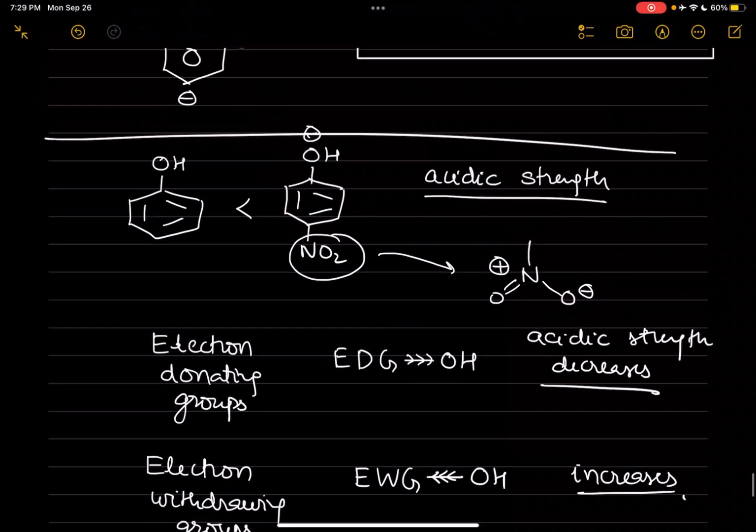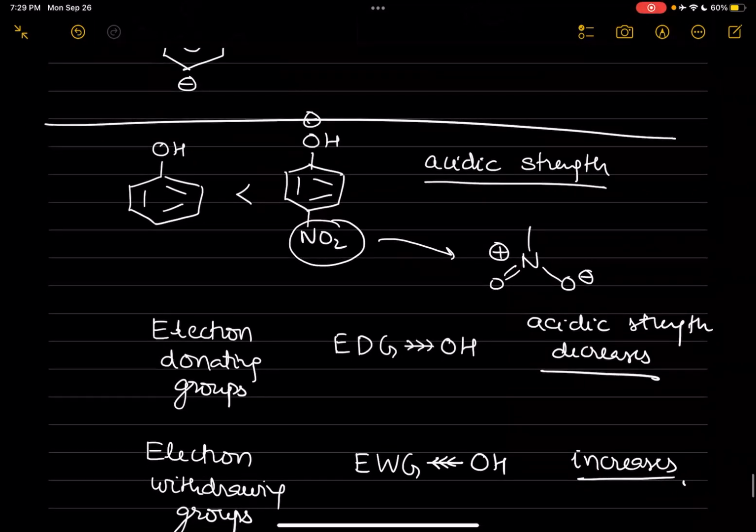So this is the thing. Suppose you have NO2 group, CN group, Cl, all are going to be more acidic than the phenol, right?